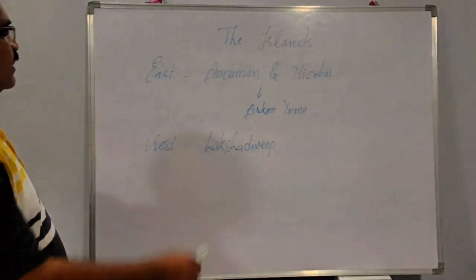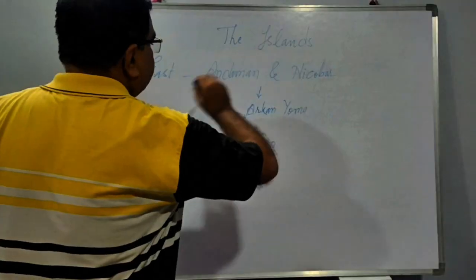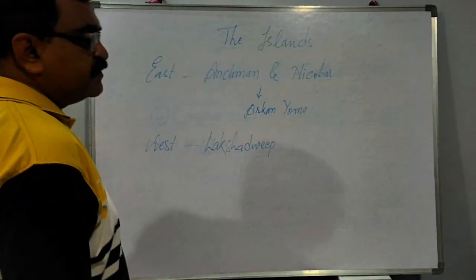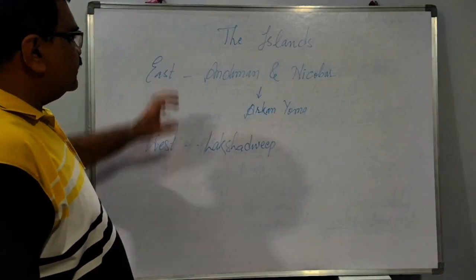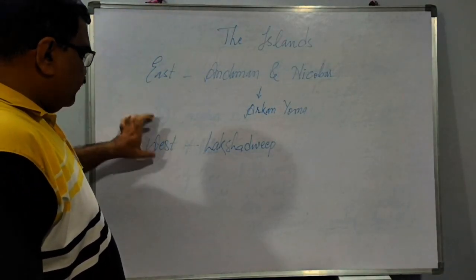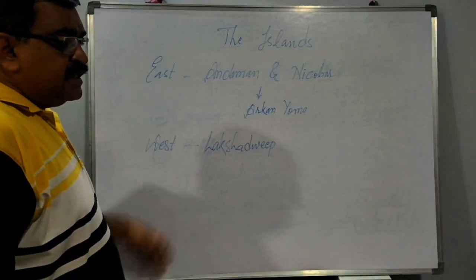Now, in the list of relief features or the physical features of India, the next and last one is the island groups. Island groups are situated in the eastern and the western sea region.